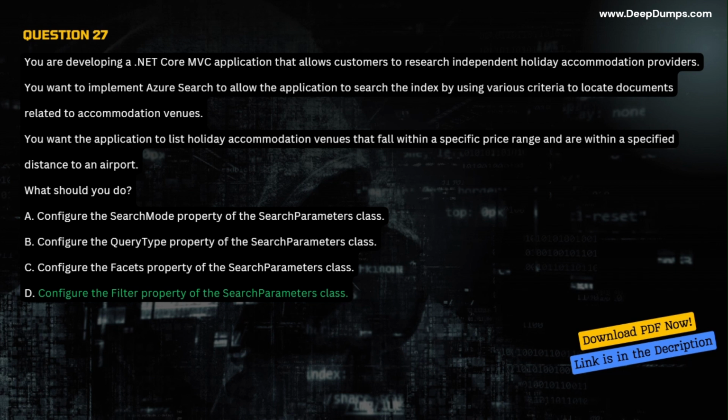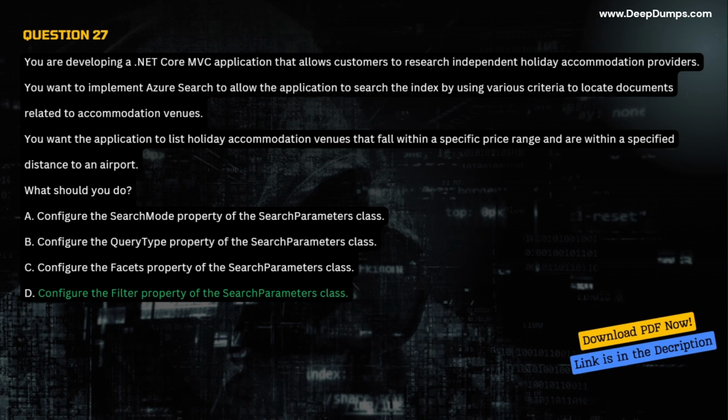What should you do? A. Configure the search mode property of the search parameters class. B. Configure the query type property of the search parameters class. C. Configure the facets property of the search parameters class. D. Configure the filter property of the search parameters class.